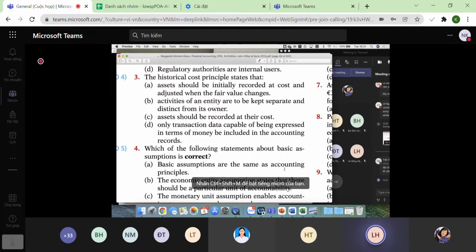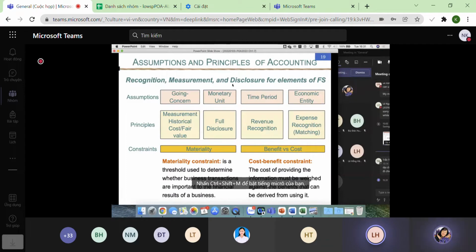For this question, the historical cost principle states that something. Do you know about this one? This is one of the four principles. We already mentioned the four principles here. Measurement. We have two values, historical cost or fair value.